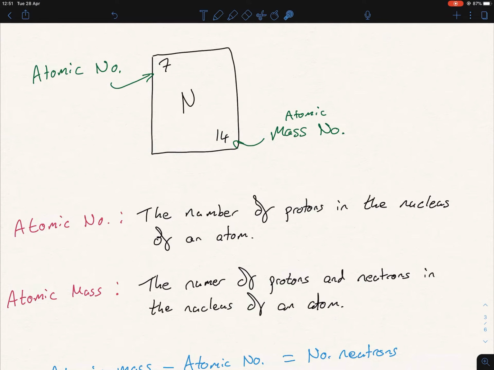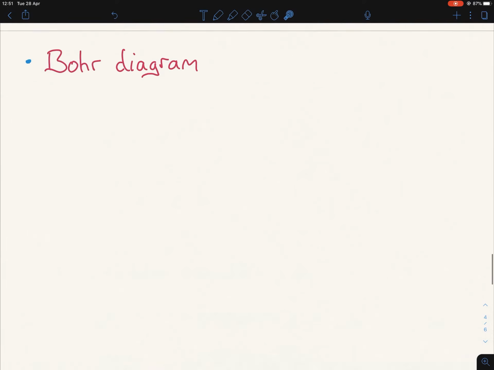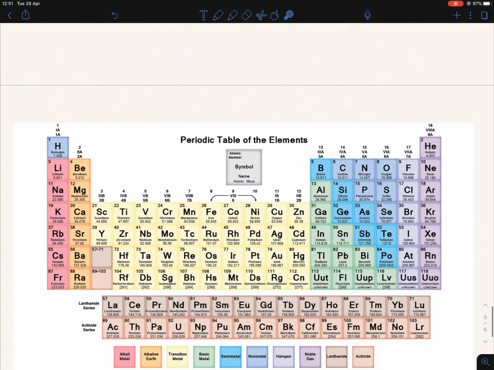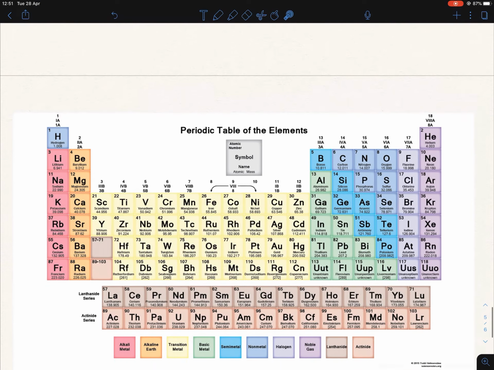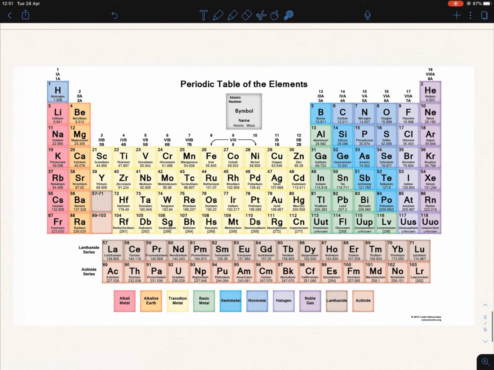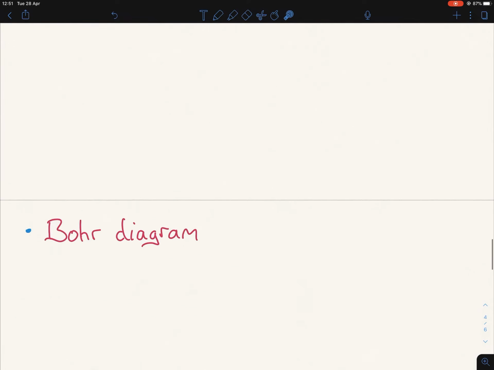For the most part, the vast majority of the elements you will be dealing with are going to be neutral. If you're asked for any element out of the periodic table to write down the atomic number and the mass number and write out how many subatomic particles there are, you can assume that the element is neutral. You will be told if it is not, and I will use another video to go into that in more detail.